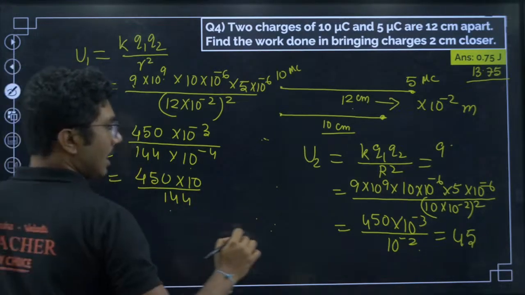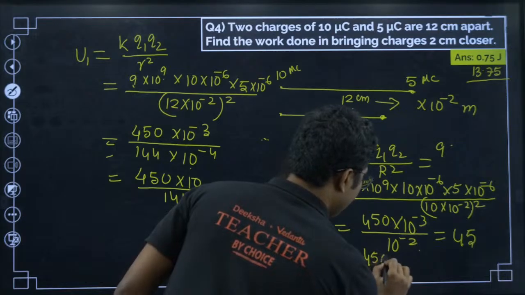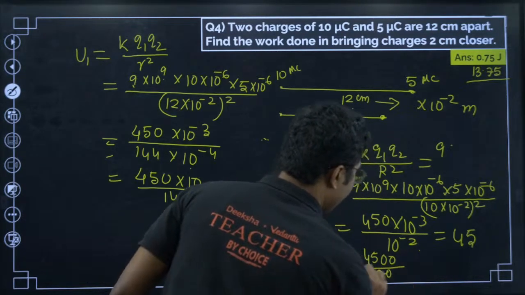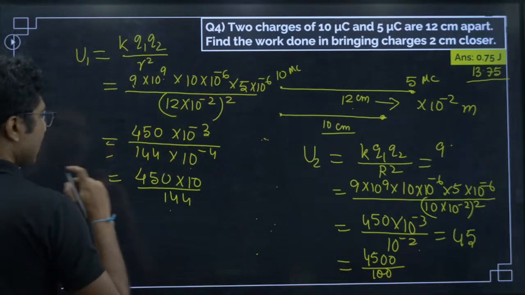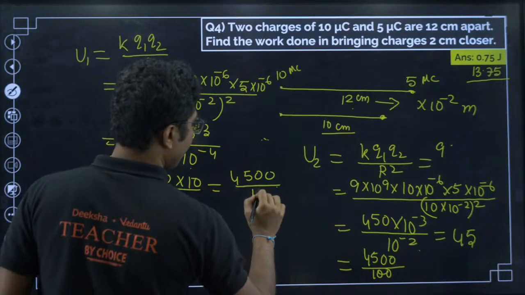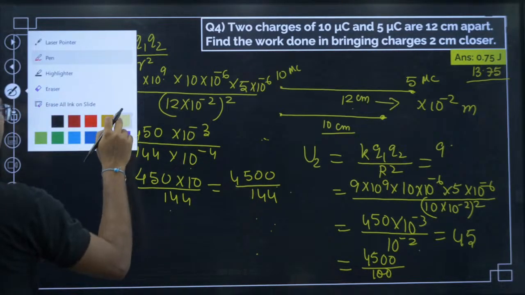This is U1, and this one I can write as 4500 divided by 100. So this is also 4500 divided by 144.